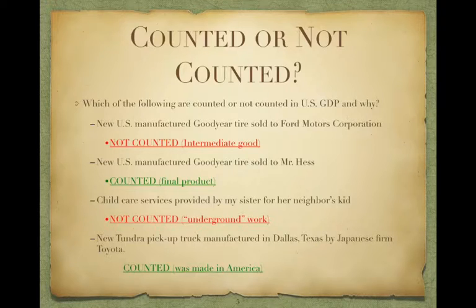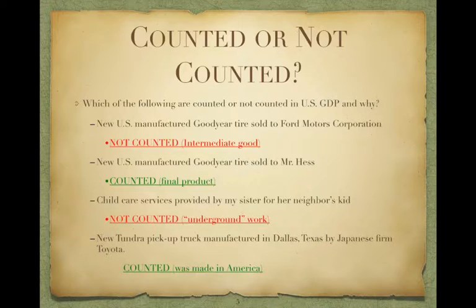All right? Now that's different than the second example I gave you, where those tires are sold to me. Now if I buy those tires, like I had to buy the new truck tires last semester, okay, that's the final product. Because whenever you buy the tires yourself, you're the final consumer, you're going to use it for your own personal needs.